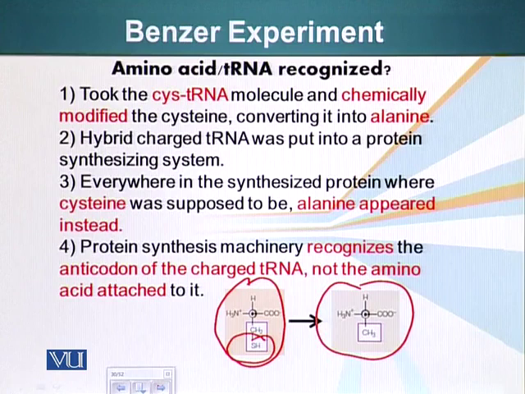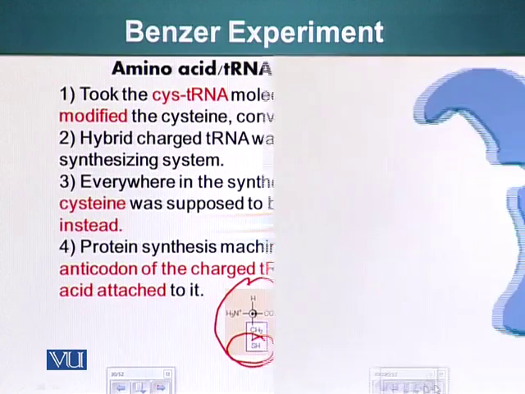But this system recognizes the tRNA. So it did not matter what amino acid that particular tRNA was carrying. It recognized the tRNA and used it for protein synthesis. So the protein synthesis machinery recognizes the anticodon of the charged tRNA and not the amino acid attached to it.